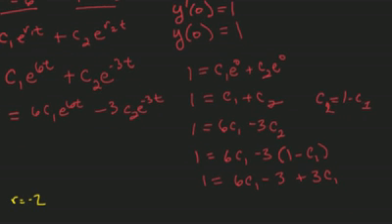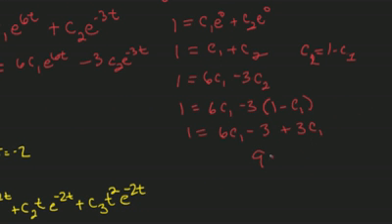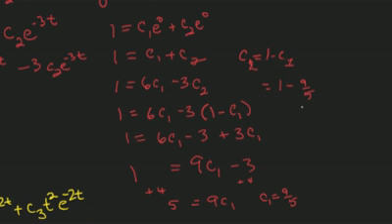So once you get c1, you can solve for c2. And then you would need to add this 3 over both sides. So c1 equals 9/5. Then you plug into there, and you'd get c2 is equal to negative 4/5.